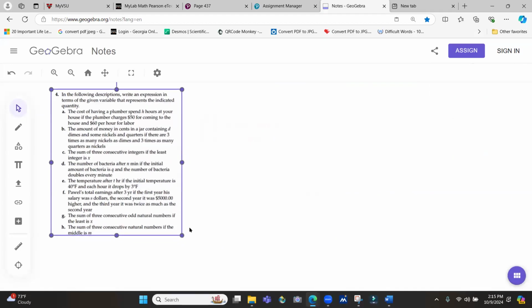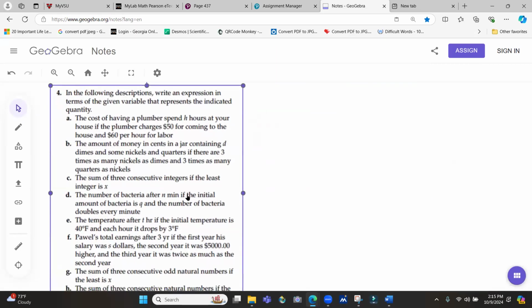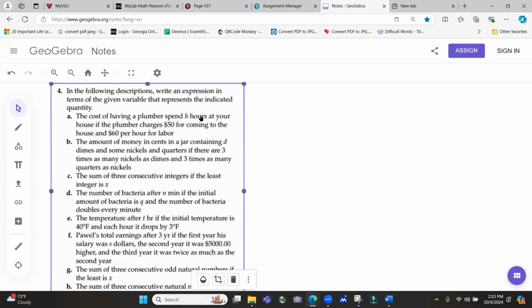Now, in the following descriptions, write an expression in terms of the given variable that represents the indicated quantity. This time they're defining the variables. Let's do part A. The cost of having a plumber spend H hours at your house if the plumber charges $50 for coming to the house and $60 per hour for labor.